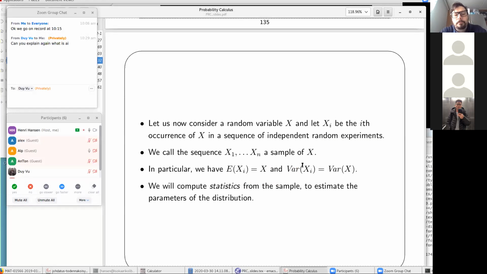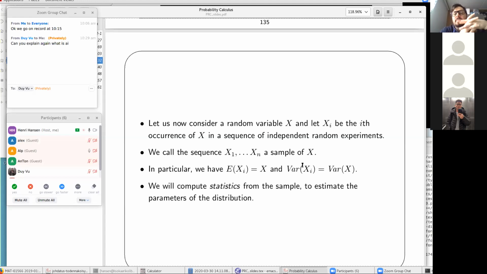We call this sequence of independent experiments, each having their own outcomes, a sample of x. We can think of the random variable as split into n different cases. In particular, the expected values and variances are the same as x. So the whole distribution of each of these is the same distribution as the whole of x.